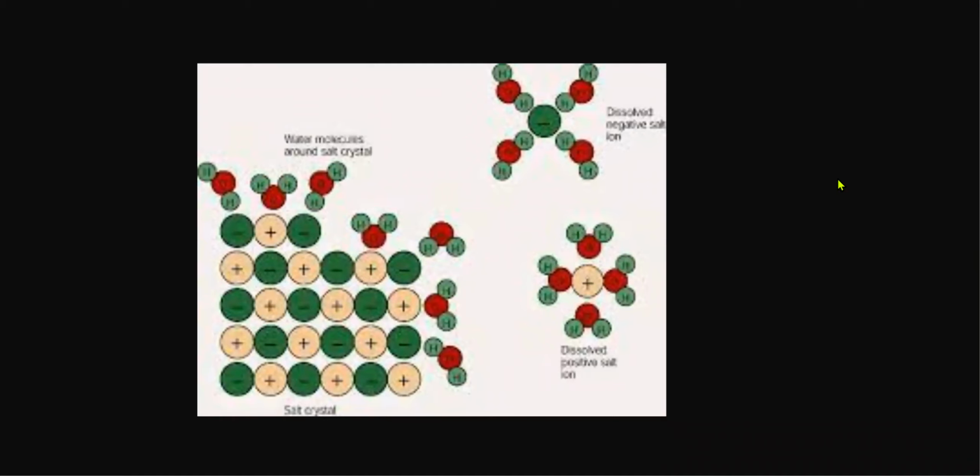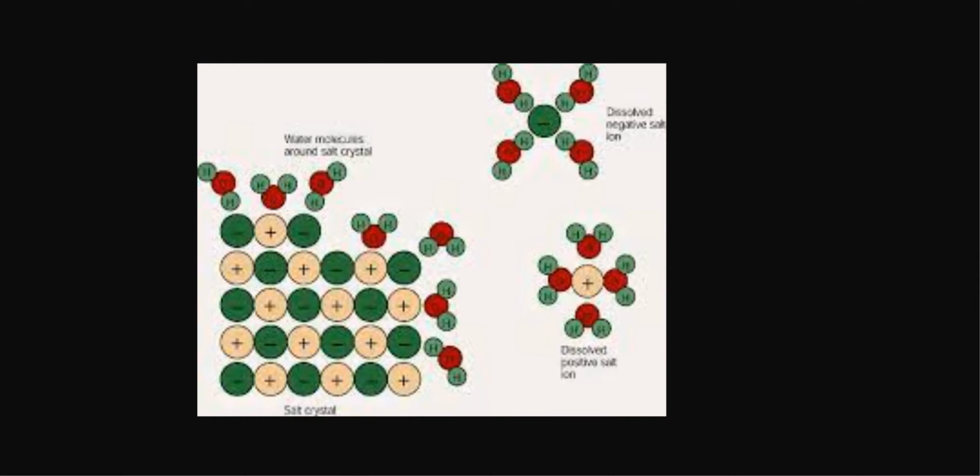The positive and negative ions go their different paths. This is the negative ion traveling over here, and you've got a positive ion going in this direction. Imagine you vigorously stirring it, and they get completely surrounded by water molecules. All these H2O molecules come in, and the ions would no longer be able to get back together again. This is what is meant by dissociation.